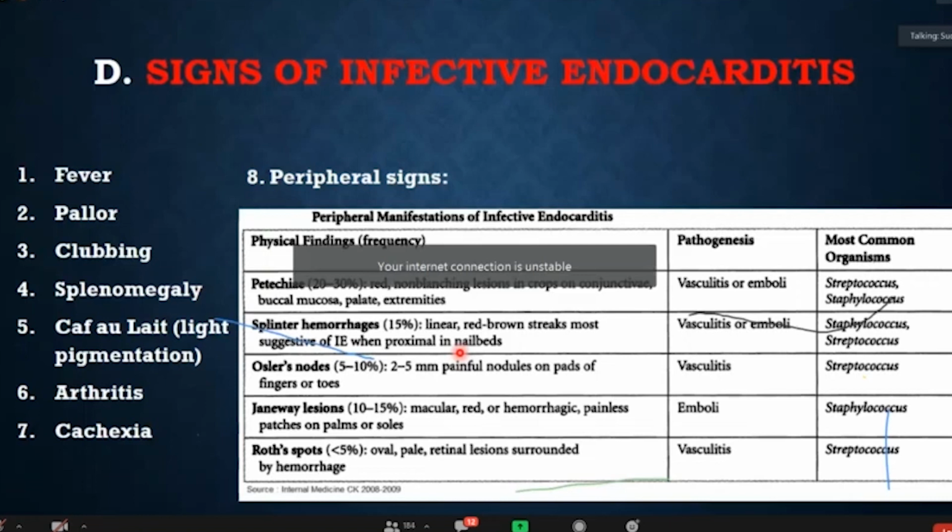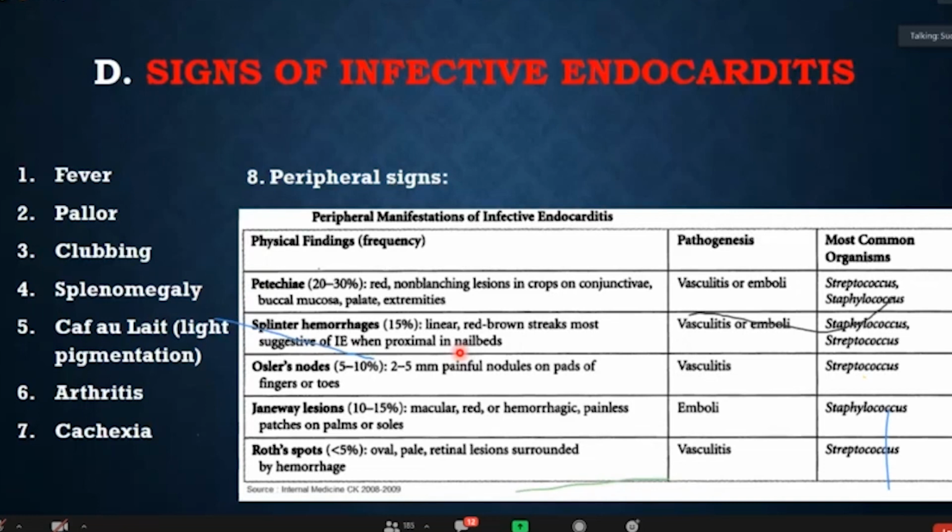Now next are Osler nodes. Osler nodes are painful. Always remember. And where do you get them? You get them in the fingers and toes. You have to look at the pads of the fingers and the toes. They are painful, they are 2 to 5 mm, and they are vasculitic. When I say vasculitic, it means they are associated with RA factors, they are rheumatologic, immunologic.